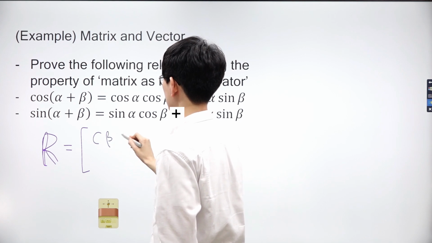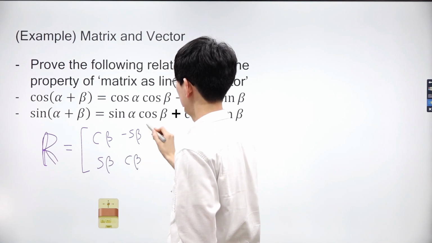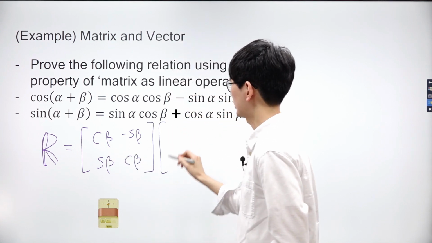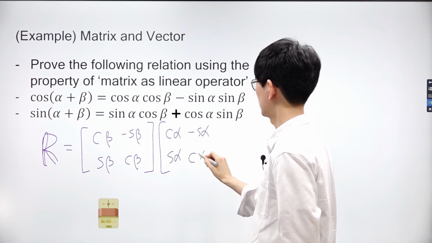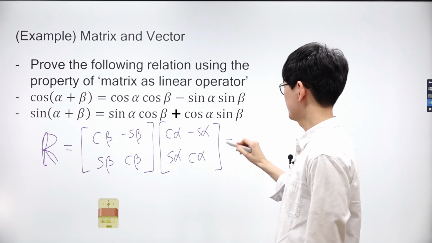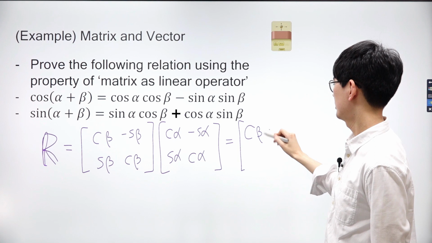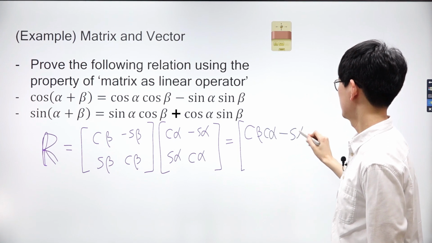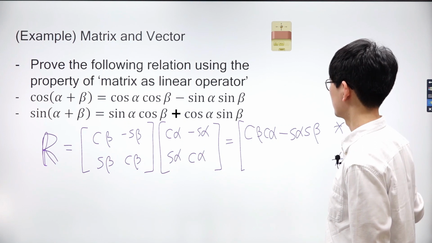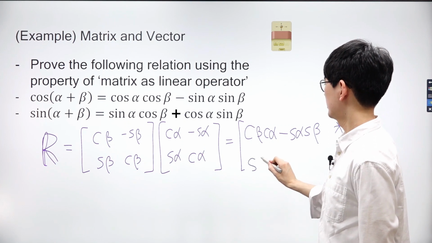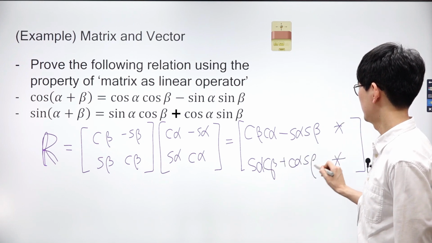Let's manually multiply the two matrices, starting with matrix B. The entries on matrix B are cosine beta, negative sine beta, and cosine beta. The entries of matrix A are cosine alpha, negative sine alpha, and cosine alpha. The first entry in the product of the two matrices is cosine beta times cosine alpha minus sine alpha times sine beta. The next entry is sine alpha times cosine beta plus cosine alpha times sine beta.